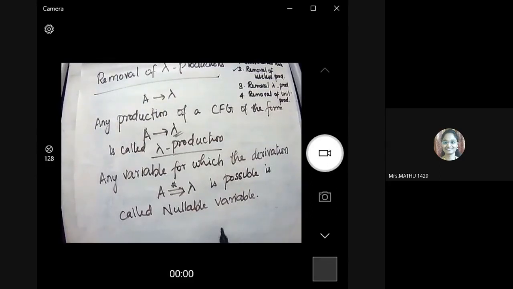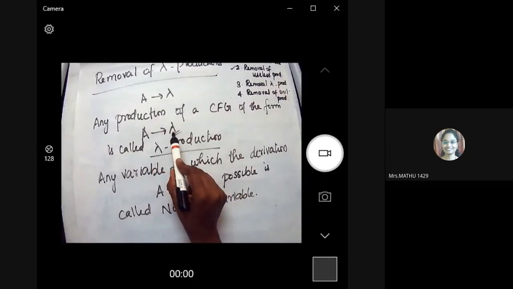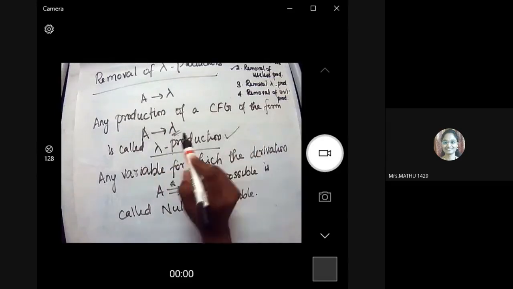So what does this mean? One is a production exactly of this form, where on the right hand side you have only lambda or the empty string, so you can identify it as a lambda production.